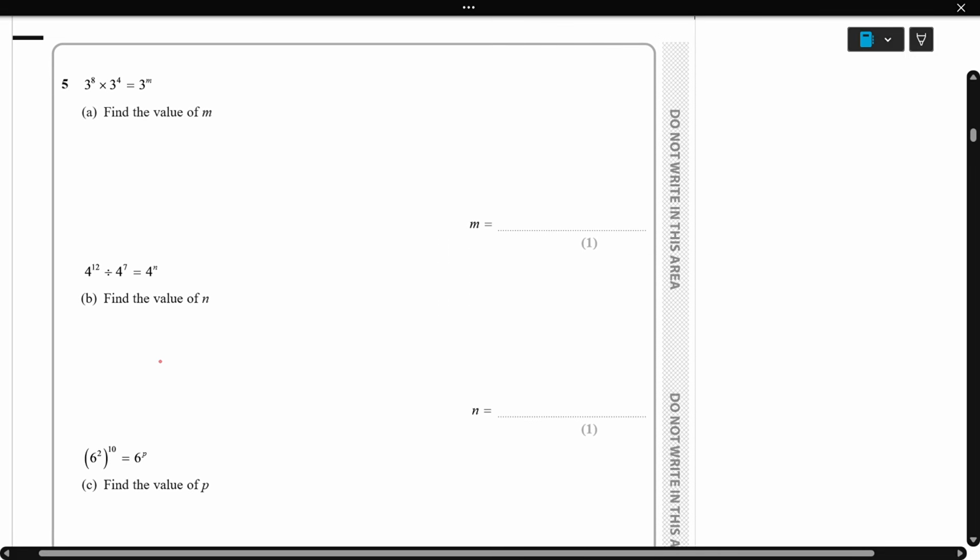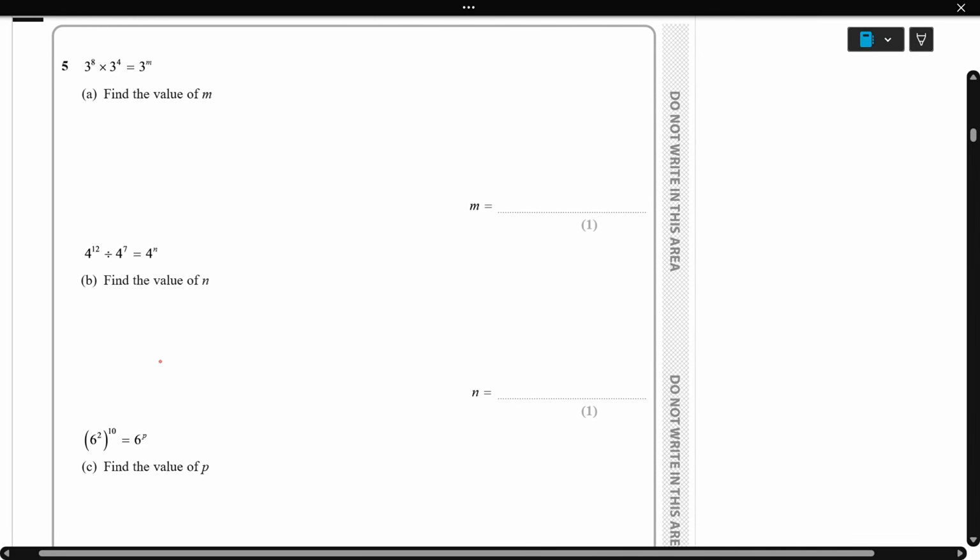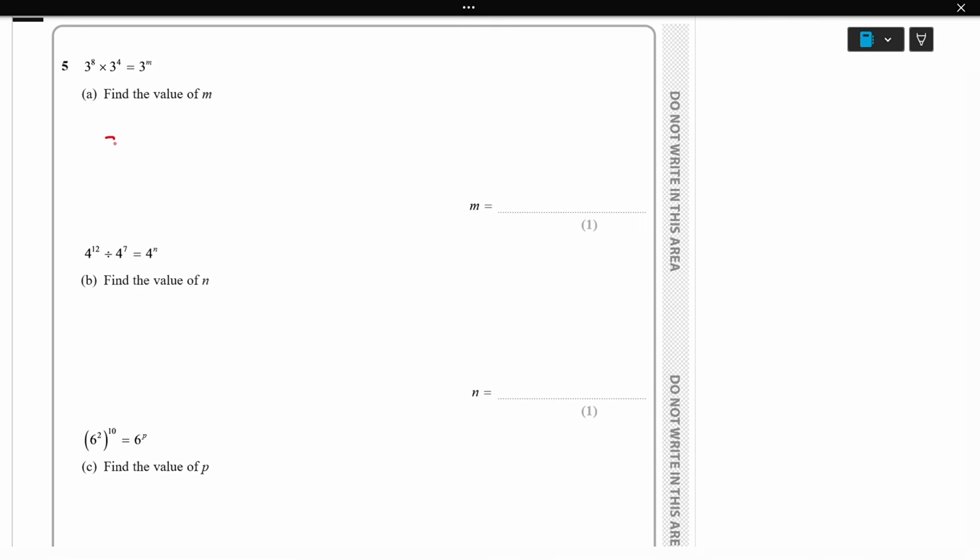Okay, next question number 5. 3 power 8 times 3 power 4 equal to 3 power m. When we multiply, we add the powers, so 3 power 12 equal to 3 power m, so m equal to 12. Next, for divide we take away: 12 minus 7, so 4 power 5 equal to 4 power n, so n equal to 5.